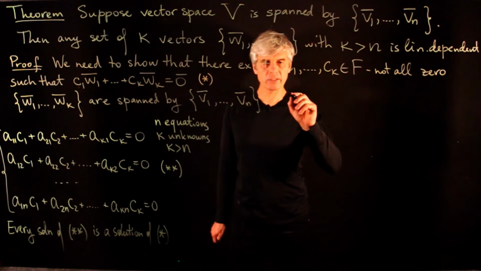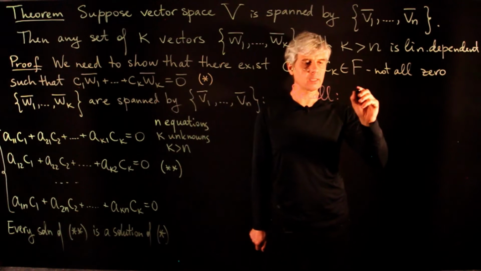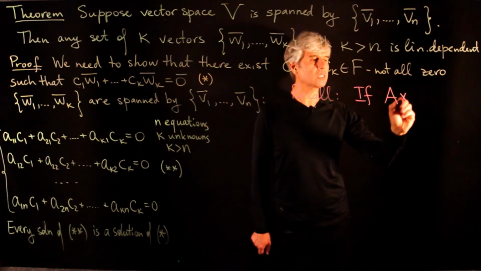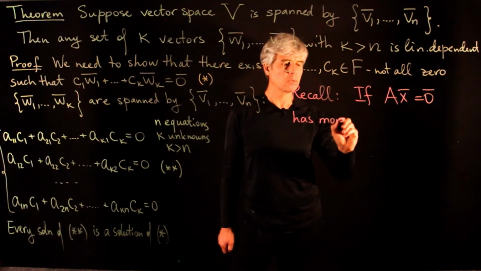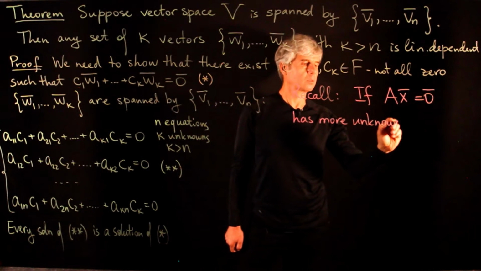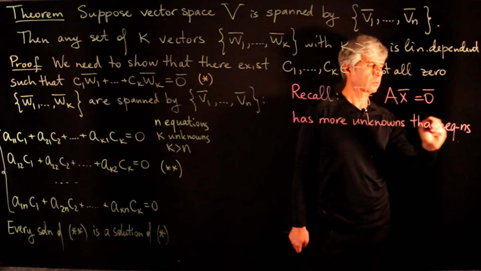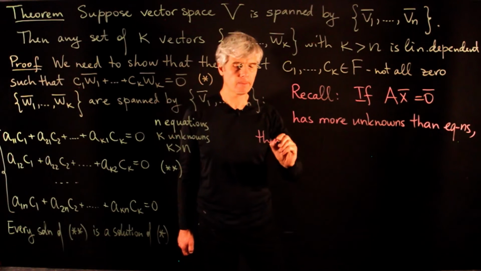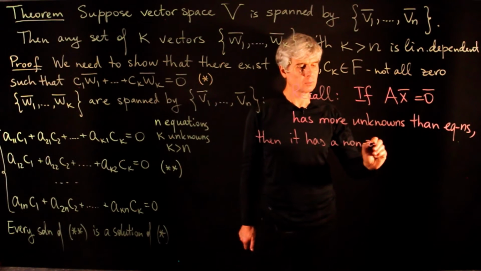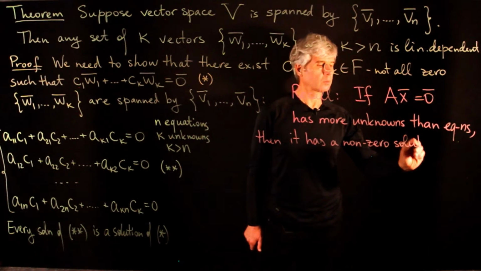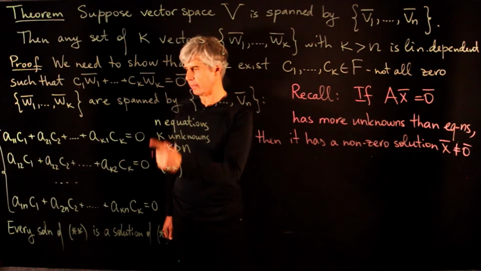In our previous lecture, let's recall, we proved the following fact: if a homogeneous system Ax = 0 has more unknowns than equations, then it has a non-zero solution, where the solution vector is not equal to 0. And that's exactly the case here.